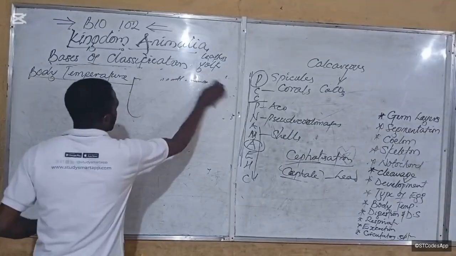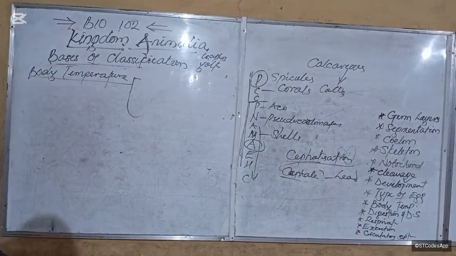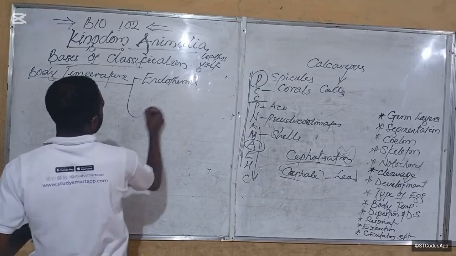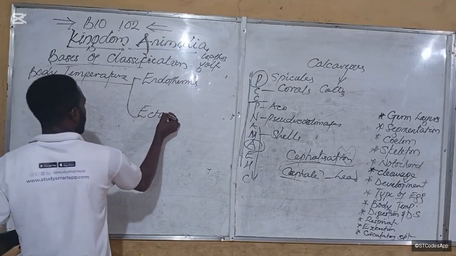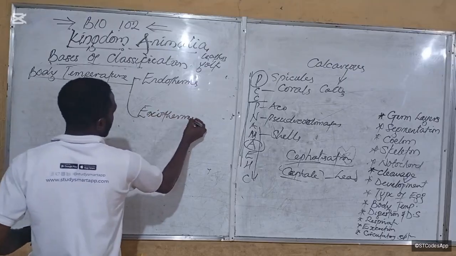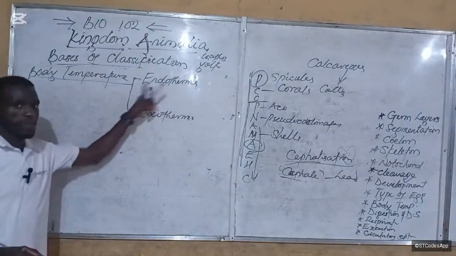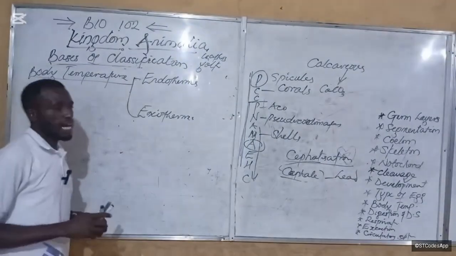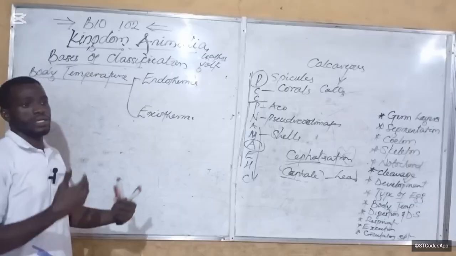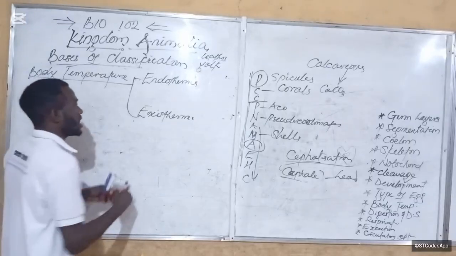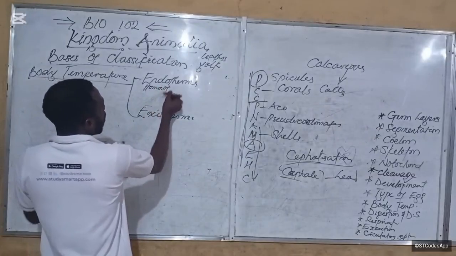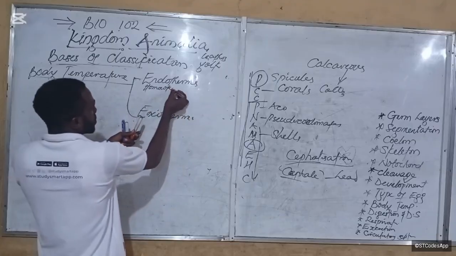Let me use the word endotherms and ectotherms, but I'll still have to mention the other terms. So endotherms are the ones that do not rely on their external environment for their body temperature, and we also call them homeotherms or homoiothermic.